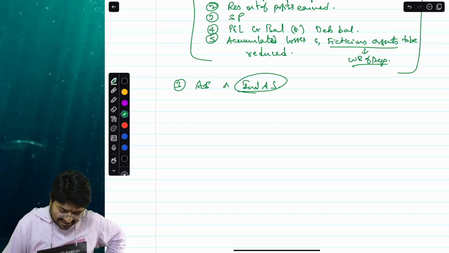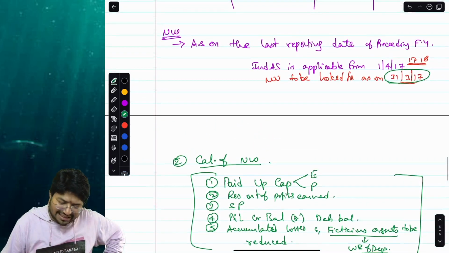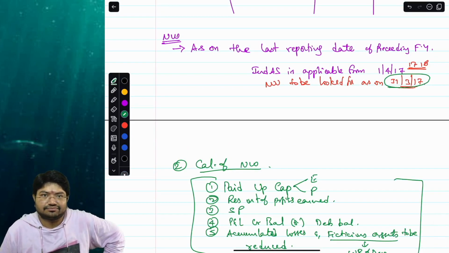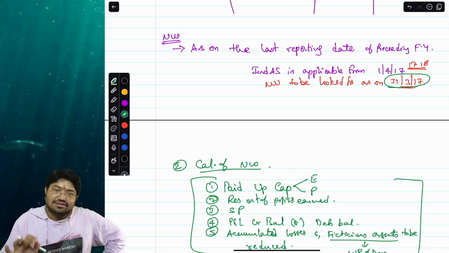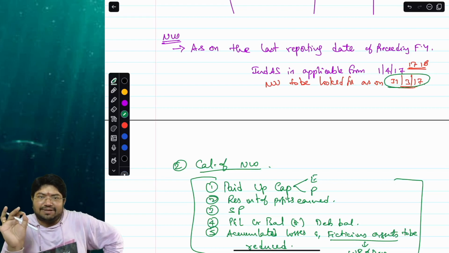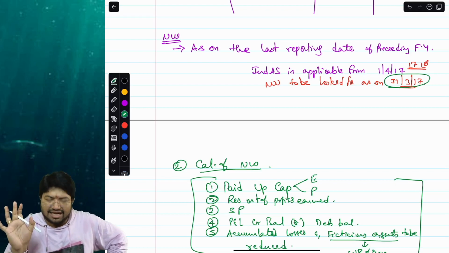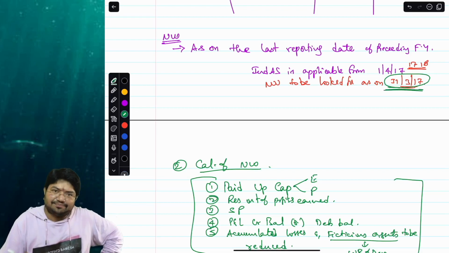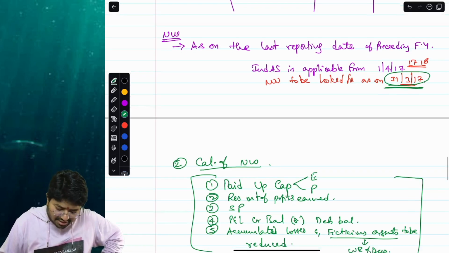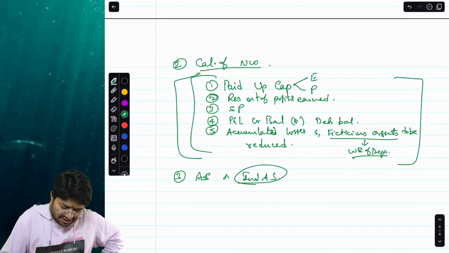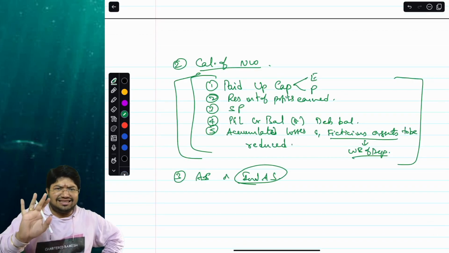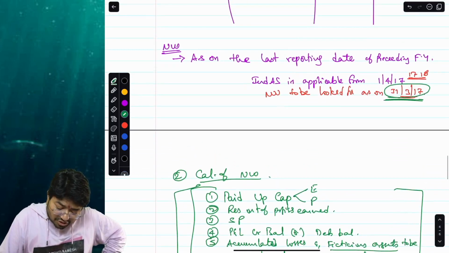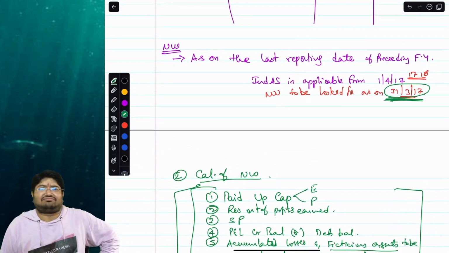I will repeat this once again. You are right now testing net worth on a particular date. That is the last date of the preceding financial year. As on this date, you are checking for net worth. These are the parameters using which you will check the net worth. Till then it is fine. First of all, as on 31st March 2017, you don't have Ind AS.